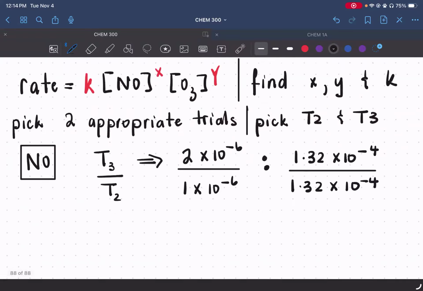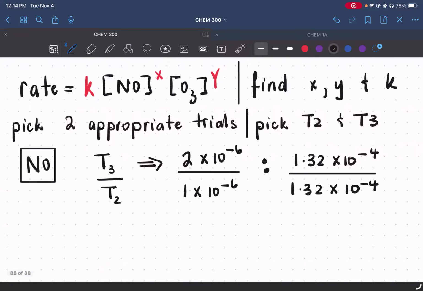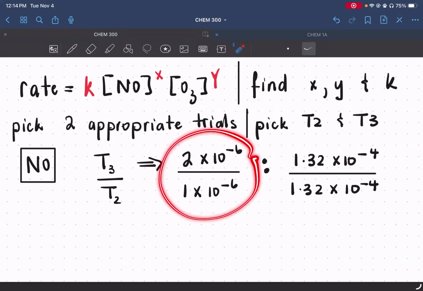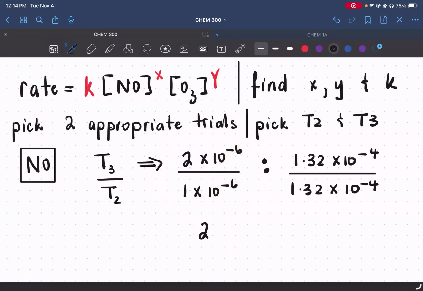When we put this in our calculators, over here on the left, maybe some of us are able to do this in our head. The 10 to the negative 6 cancel each other out. This is basically 2 divided by 1. This is just 2. When we compare it to the rates, well, the same number divided by itself is just 1.